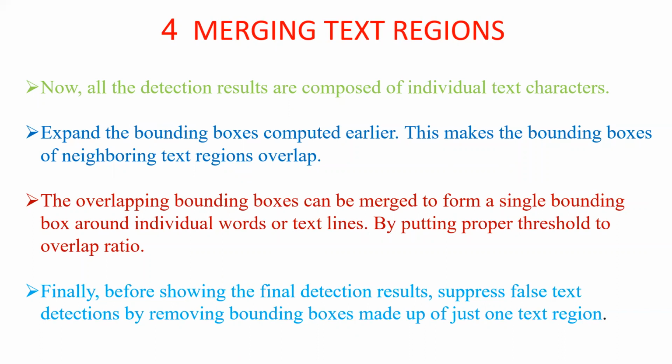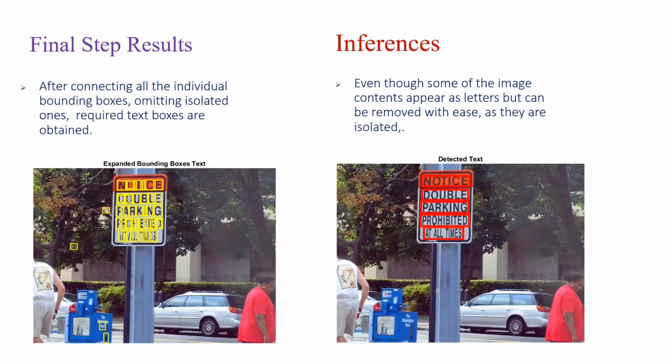So finally, before showing the combined text regions, we suppress the false text detections by removing bounding boxes made of only one text region. Let's see that in these images clearly. This is the result after expanding bounding boxes. Here we can see overlap between neighboring texts, but here there is no neighbor, so there is no overlap.